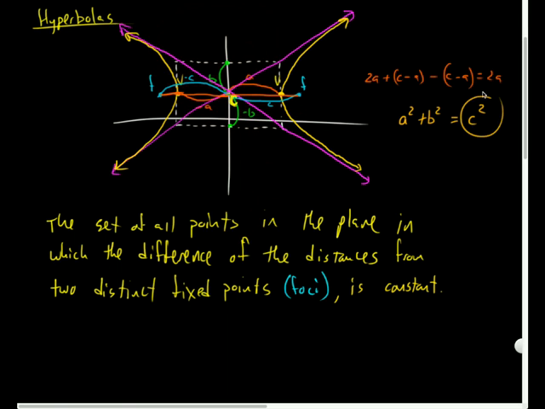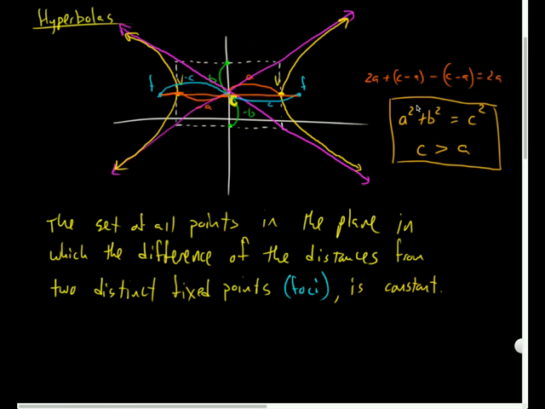And part of that reason is that C squared is going to actually be bigger than A and B. So C is bigger than A, whereas within an ellipse, C was the shorter distance of the two. C would have been somewhere within the value of A for an ellipse.